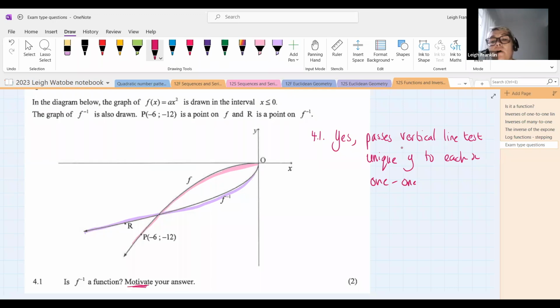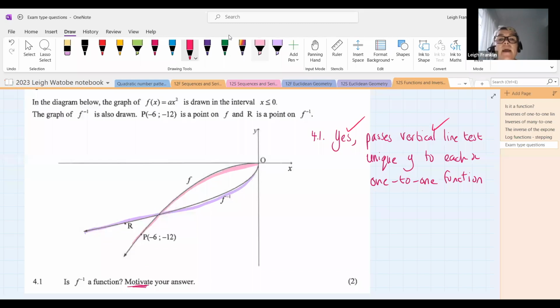Sorry, look at me here, leaving out the word two. One to one function as well. Okay, so any of these reasons would be suitable. So a mark for yes and a mark for the motivation.